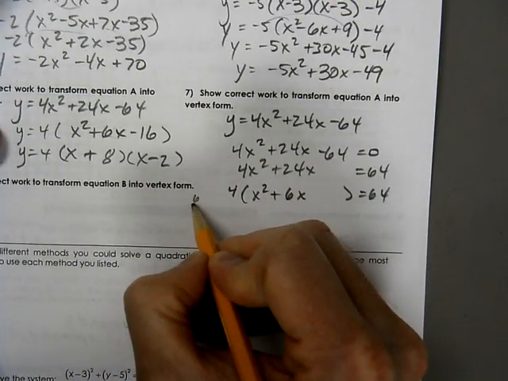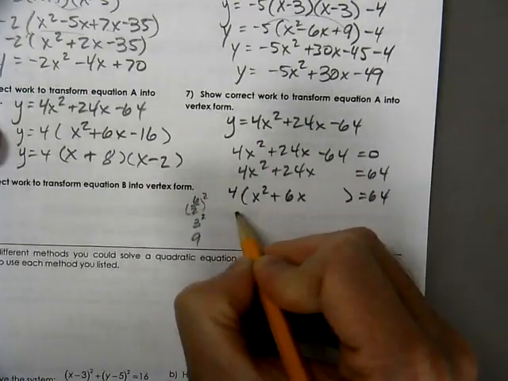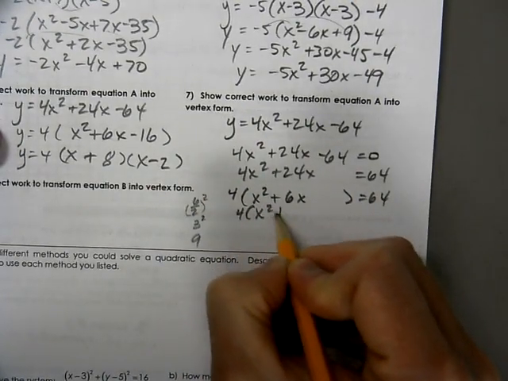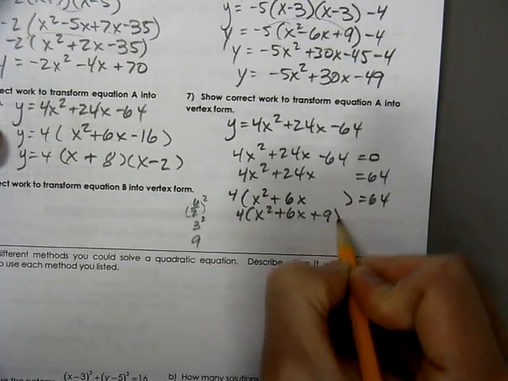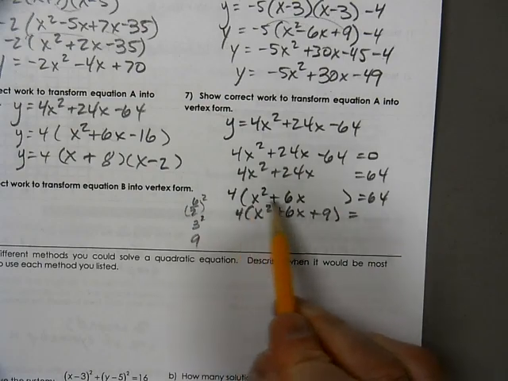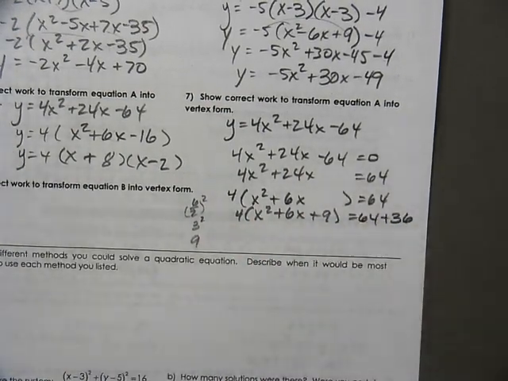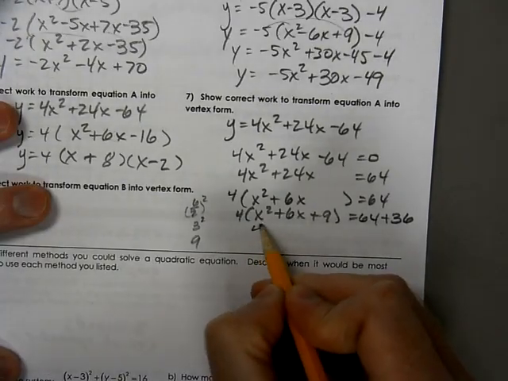Then you take the 6 and divide it by 2 and square it. Get 3 and square it to get 9. Now by putting a 9 inside those parentheses, it's really a 4 times 9. So I'm going to add a 36 to the opposite side.